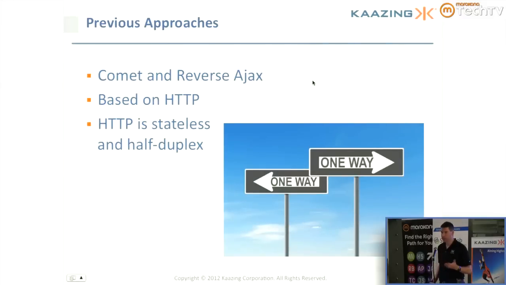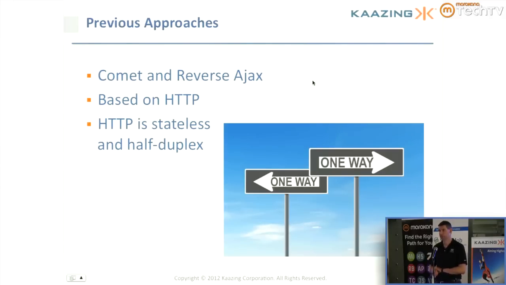There were many approaches that were used in the past that you've probably heard about. Comet and reverse AJAX are some of those. Those were pretty clever hacks on top of HTTP, letting HTTP do what a socket connection would do, but with some pretty fundamental problems.